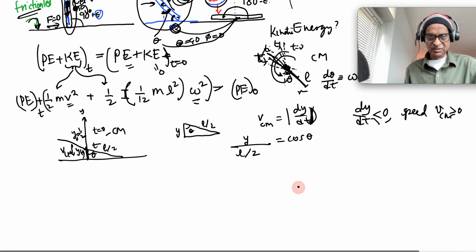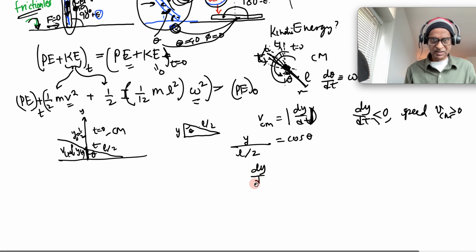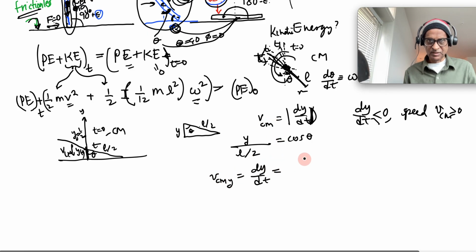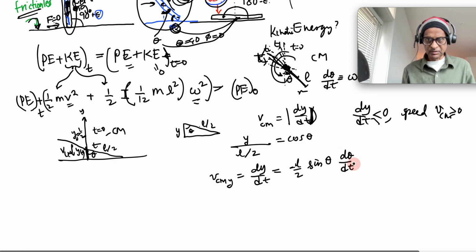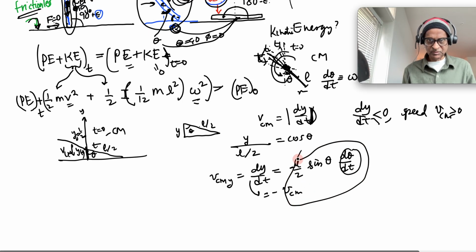So we can definitely do a dy/dt, let's call it VCM y, which is equal to dy/dt, and that's going to be L over 2 sine theta d theta/dt, and this is what we are calling omega, and this is equal to minus VCM. So VCM is equal to this stuff.